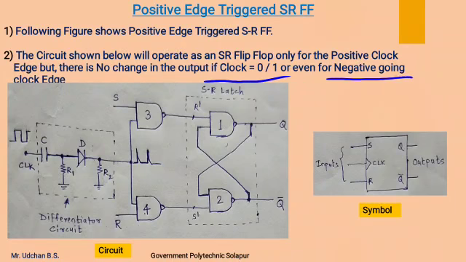Even for negative going clock edge, the output will not change, as the flip-flop is positive edge triggered only. Now here we can see a differentiator circuit which will convert this clock pulse into the positive edges, which we are going to apply to this circuit as a clock input.